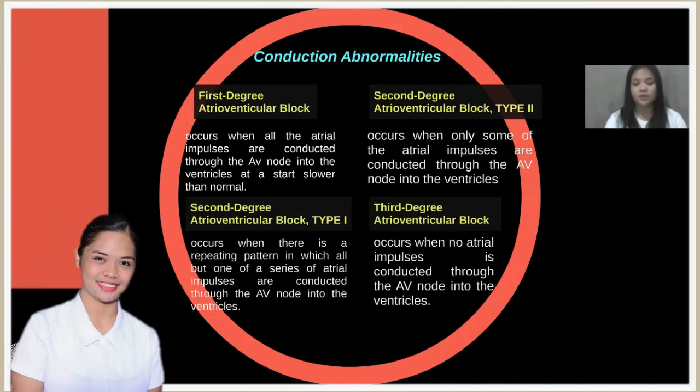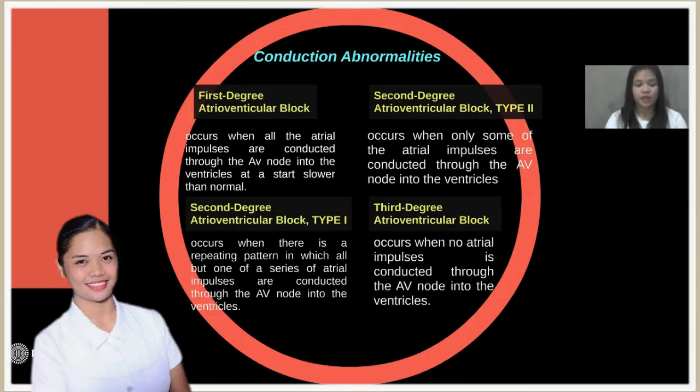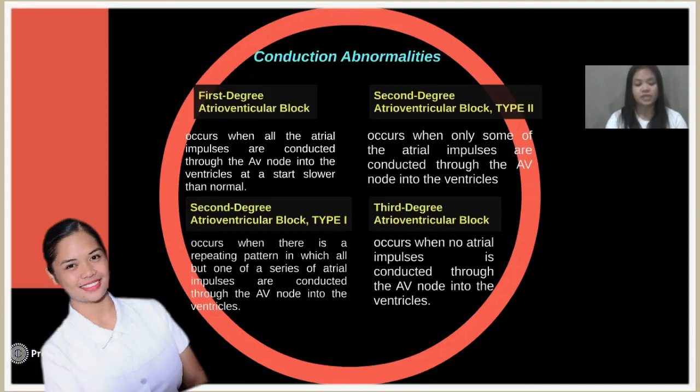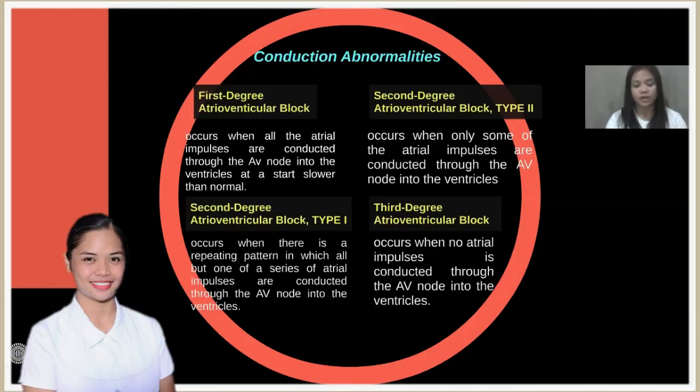A regular P-wave pattern represents the atrial rhythm, and a regular but unusually slow QRS pattern represents the escape rhythm. Having two impulses stimulate the heart results in a condition referred to as AV dissociation. Patients with third-degree AV block are at risk of cardiac arrest. They require immediate treatment, cardiac monitoring, and pacemaker implantation.